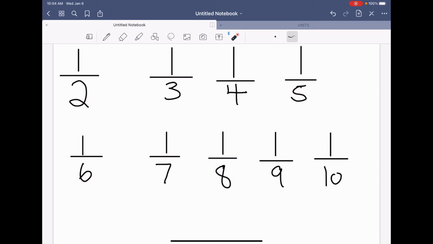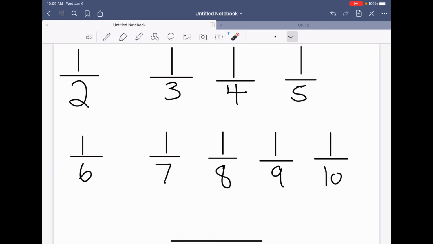So we read this whole fraction as 1 half. Let's try the next one. We see the top is 1 and the bottom is 3. So we read the fraction as 1/3.